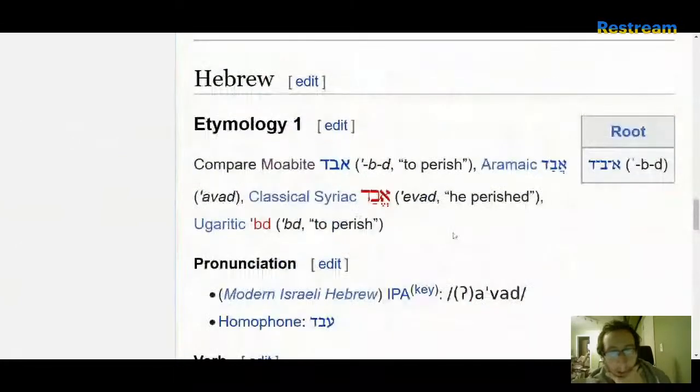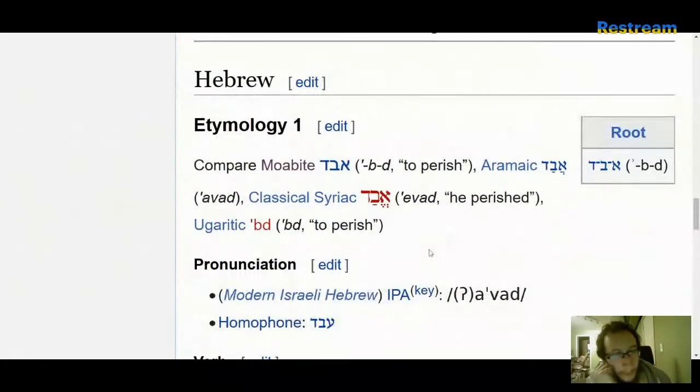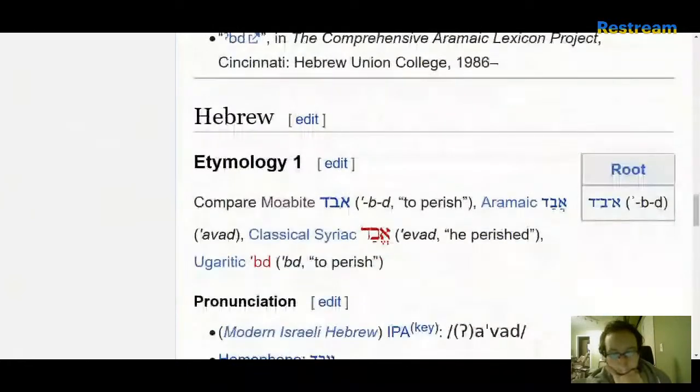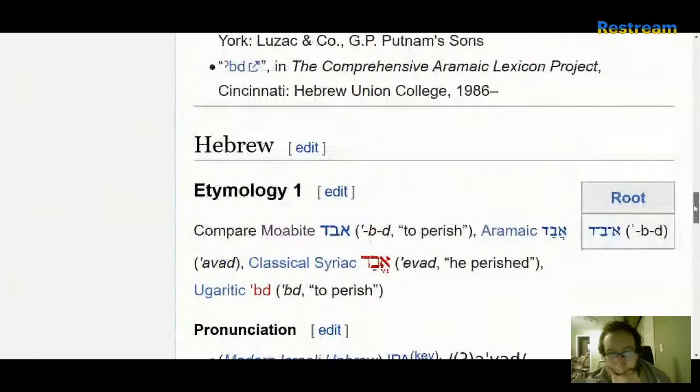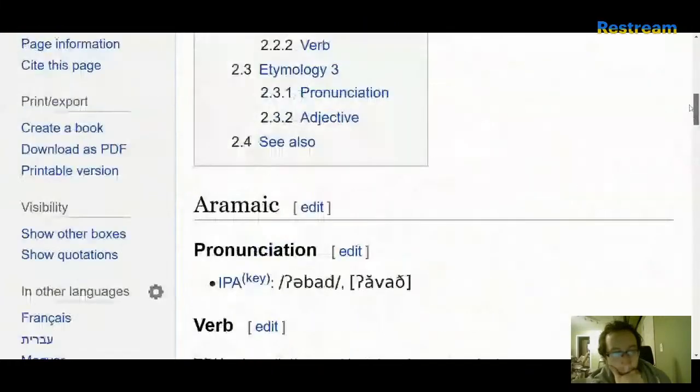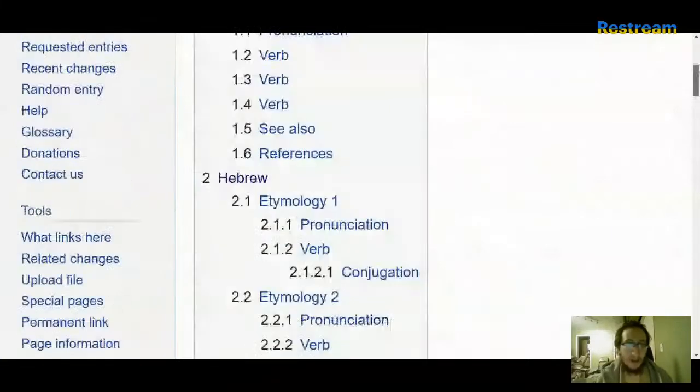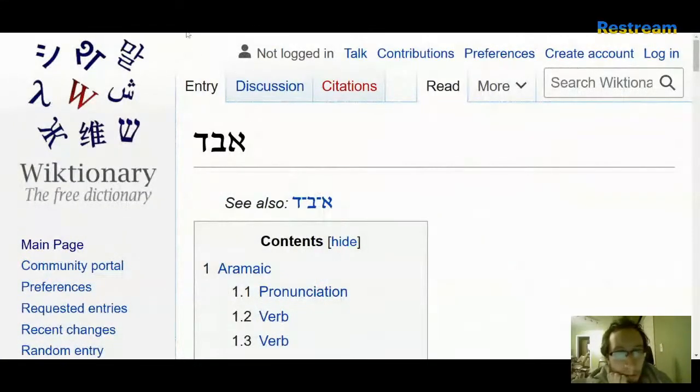Okay, so now it says there's the Akkadian word for it in the comprehensive etymological dictionary, but it doesn't list it on Wiktionary. So let's see if we can find it. Abatu.